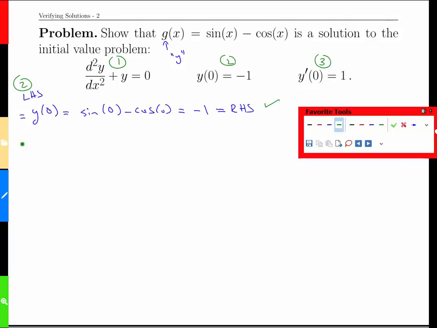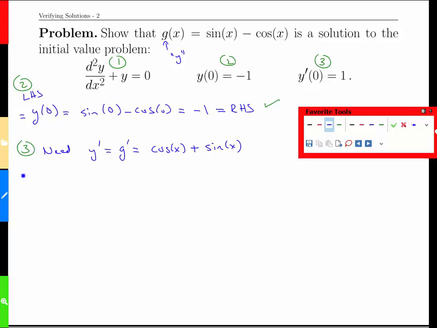For equation 3, which should also be fairly straightforward to check, we need to pre-calculate the derivative. We're going to need y prime. Well, that'll be the same as g prime, and that'll be the derivative of sine is cos. The derivative of cos is negative sine, but there already is a negative, so that'll be positive sine.